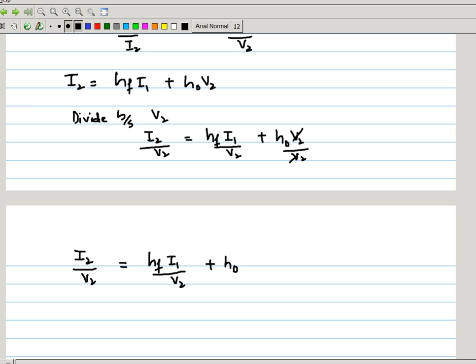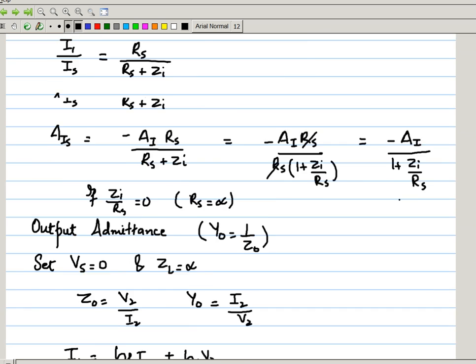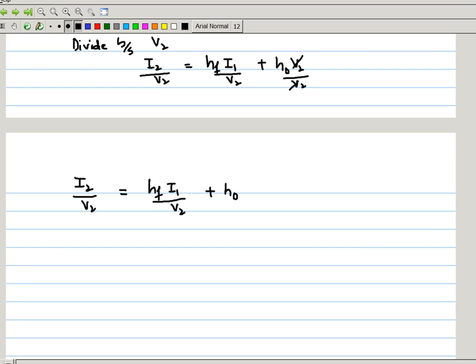Now, looking at the input part of the circuit, we have set Vs as 0, as I told you earlier. So we can redraw the input circuit here. Vs is 0 but Rs is there, Hi is there, and the current flowing is I1.